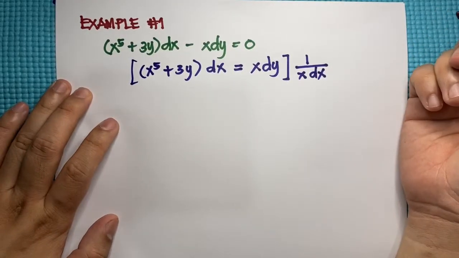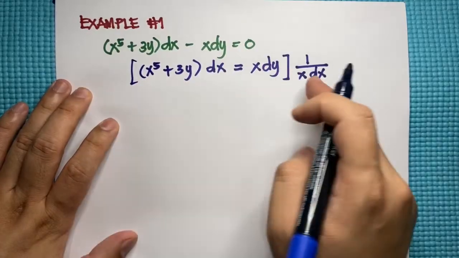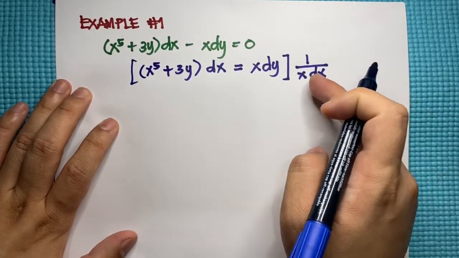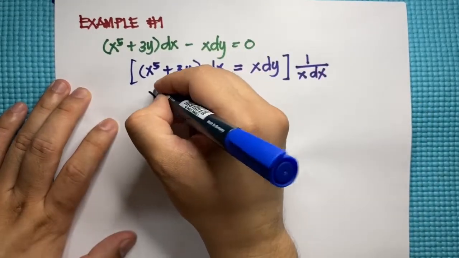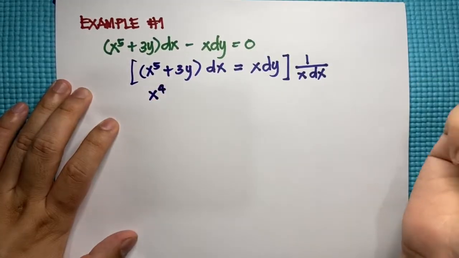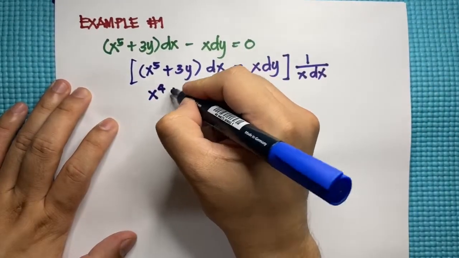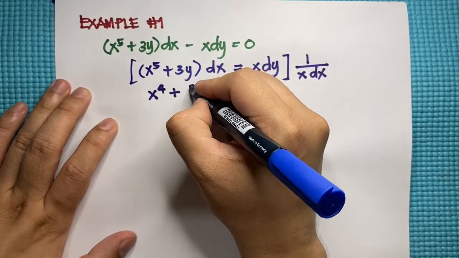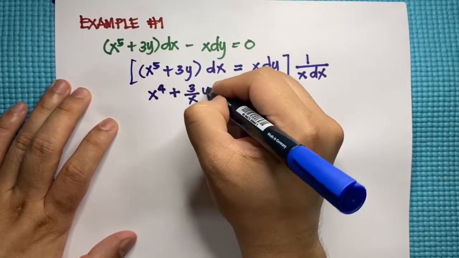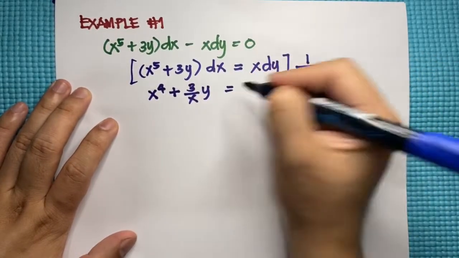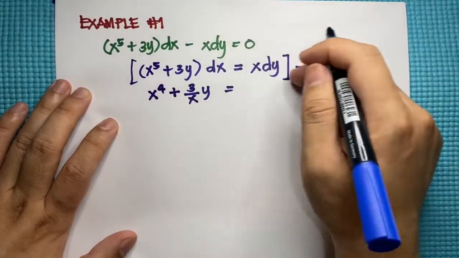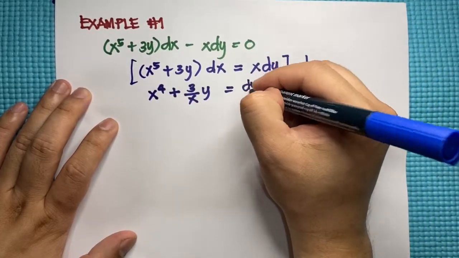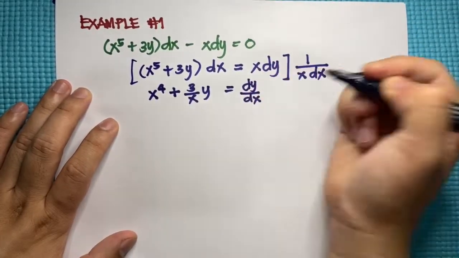So x to the fifth divided by x would give us x to the fourth, plus 3 over x, multiplied with y, and that is equal to, x would cancel out, so dy over dx.